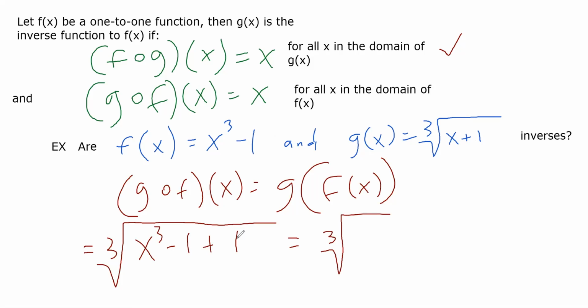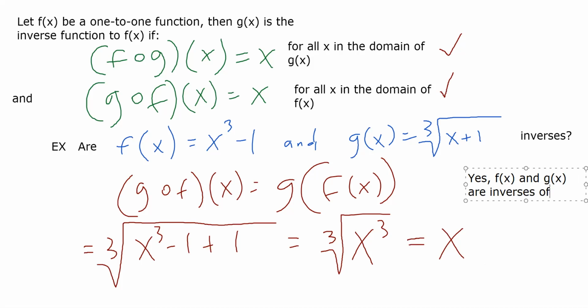Now we have minus 1 plus 1 going on inside of the cube root. They're going to cancel each other out. And you're going to be left with the cube root of x cubed, which again, those are opposite operations of each other, and you're just going to be left with x. Which means that this second case is also satisfied. So yes, f of x and g of x are indeed inverses of each other.